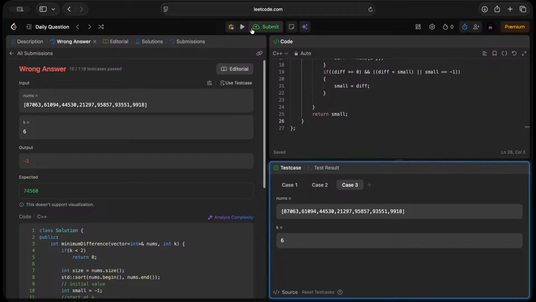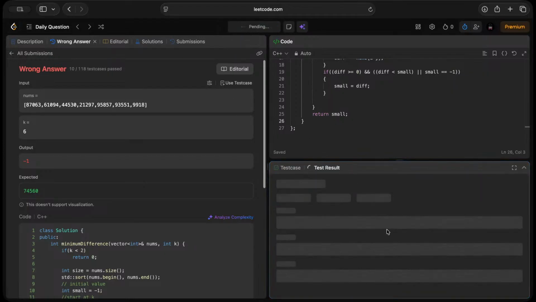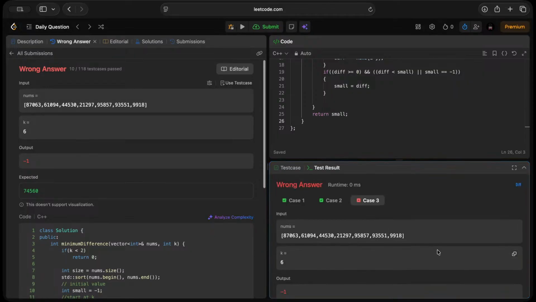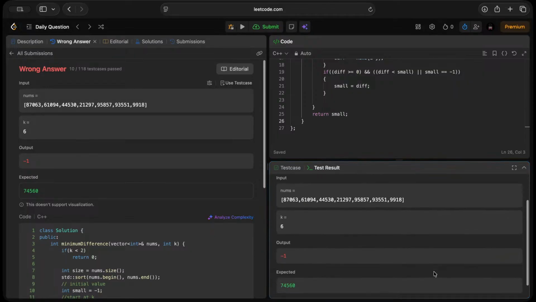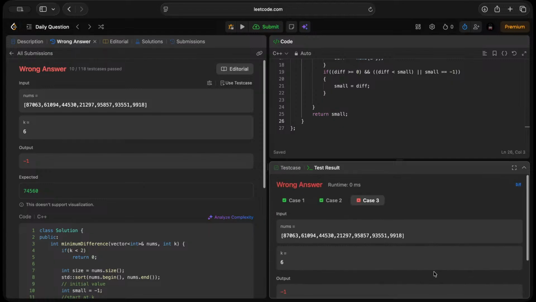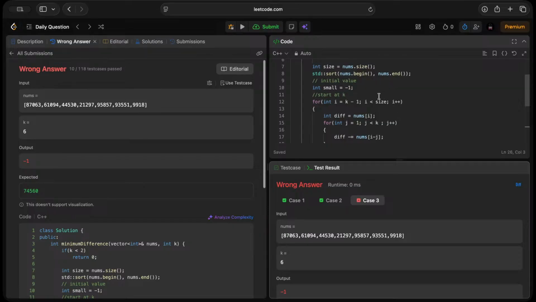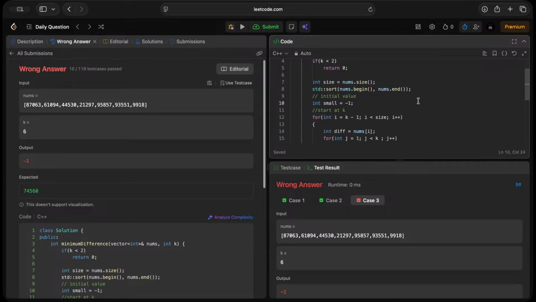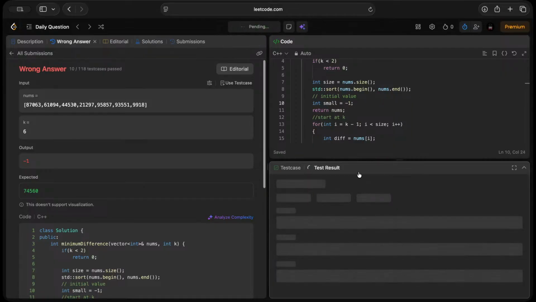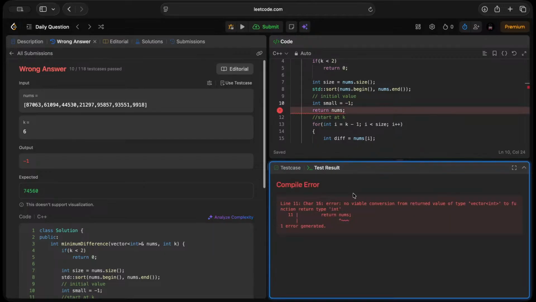So let's use this test case, rerun it. And we're getting a -1. So let's just, can I do that real quick? Probably yell at me. Yeah.